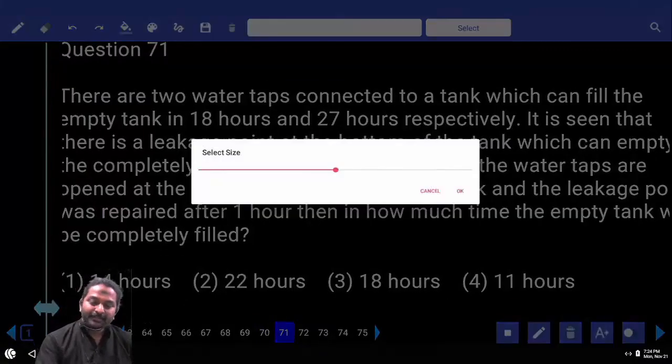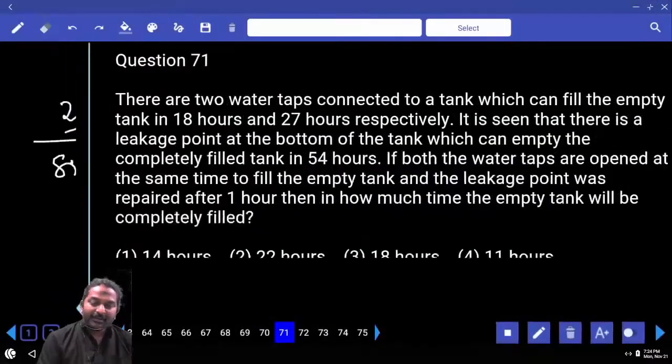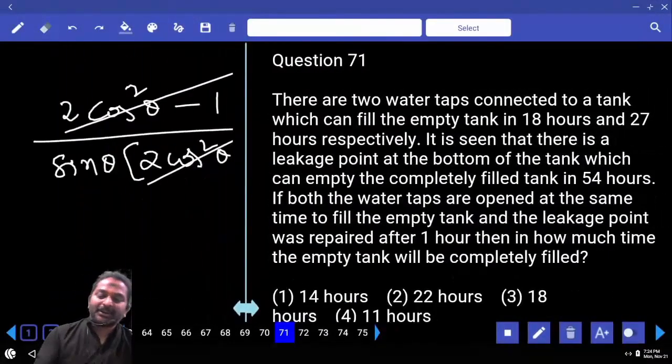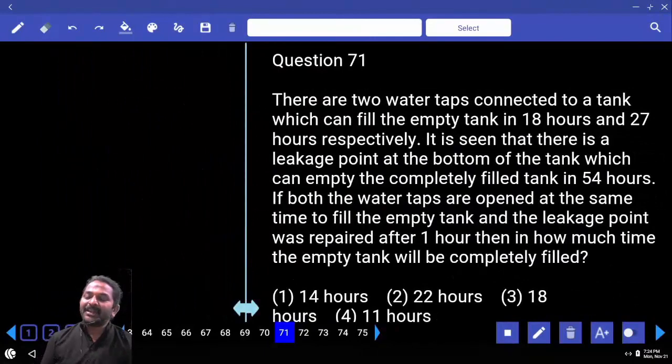71? Yes? Okay. There are 2 water taps connected to a tank which can fill the tank in 18 hours and then 27 hours respectively. It is seen that there is a leakage point at the bottom of the tank which can empty the completely filled tank in 54 hours.